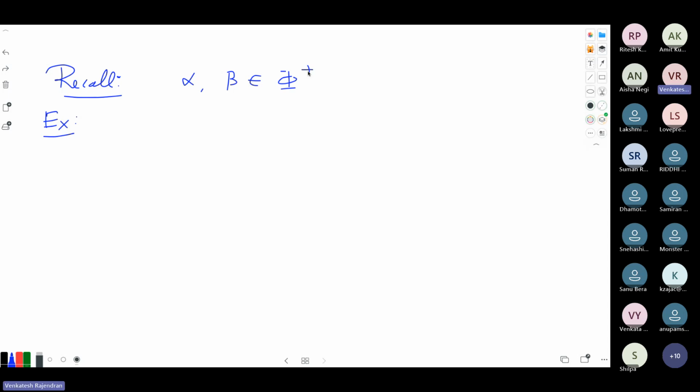Then we want to talk about the alpha string through beta. That means you fix beta and then you start adding and subtracting alpha.